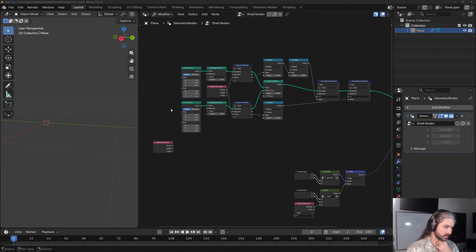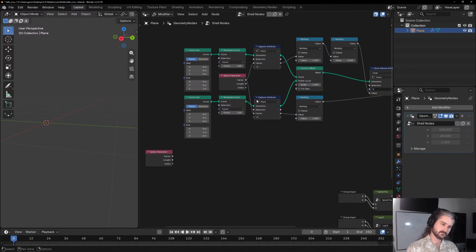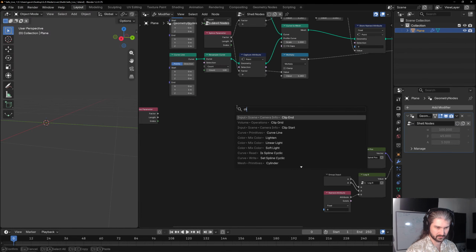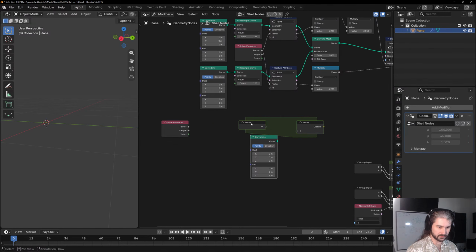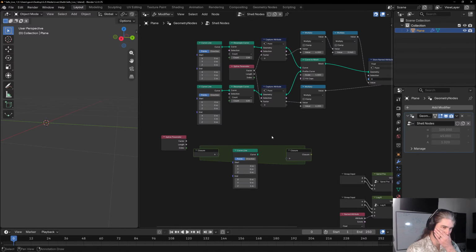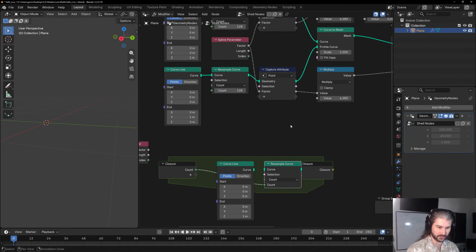Like instead of duplicating the line. Yeah, that's fair. I mean, again, I could. I don't know, is that worth it? So you're saying we could have a curve line sit inside here, and then it would be a resample, because this is the thing that I would want to have different.